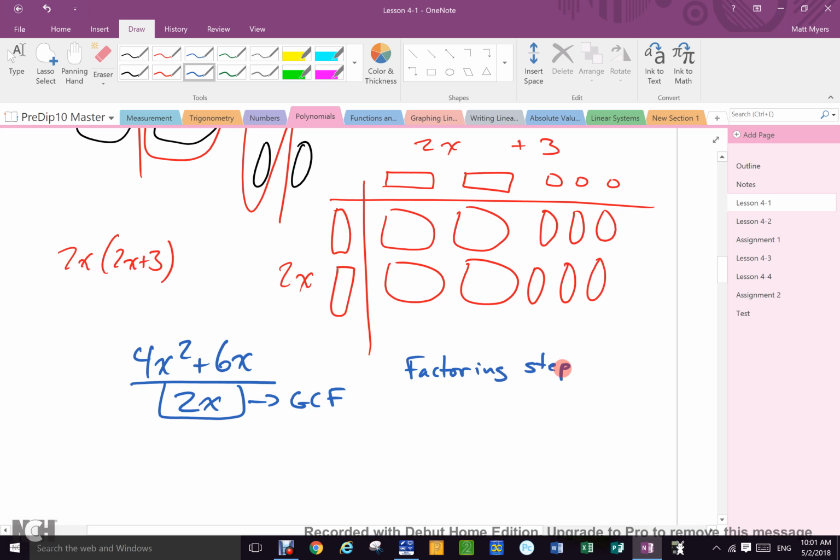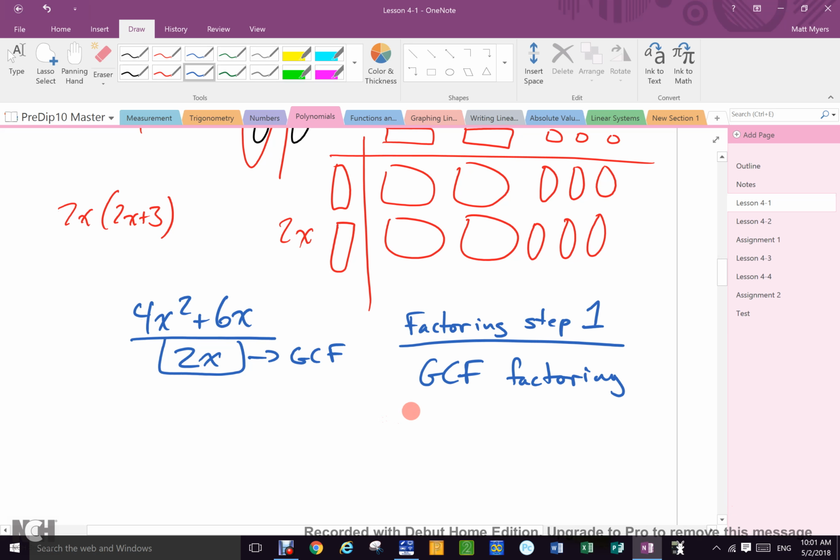Step 1, GCF factoring. How do you do it? Decide on the GCF of your polynomial. I'm just going to write poly because I'm lazy.